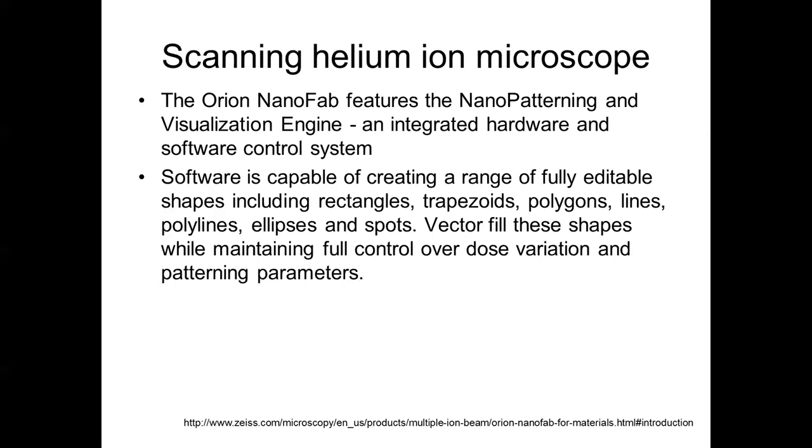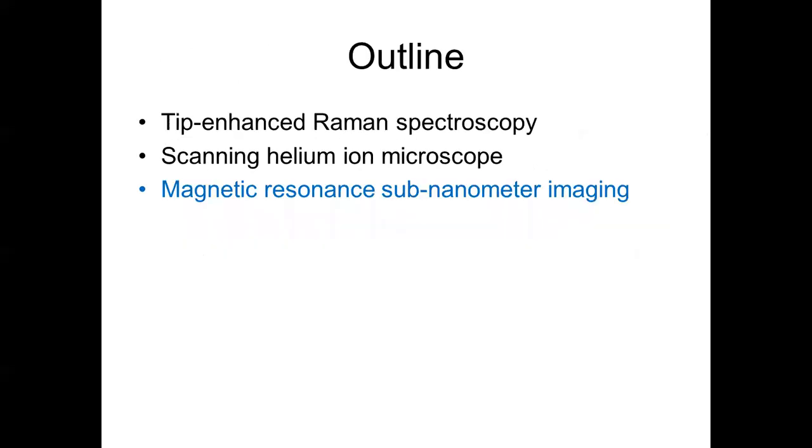Vector fill these shapes while maintaining full control over dose variation and patterning. So this system, I think, is very cost effective because you can make direct writes on the surface, or make masks within this tool. So it's a very useful tool.